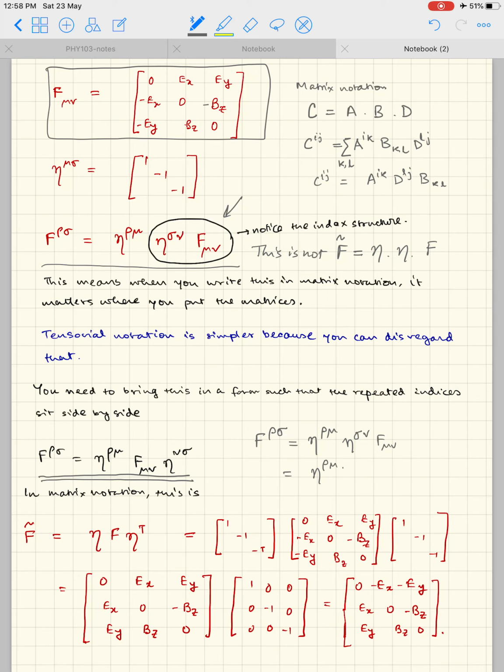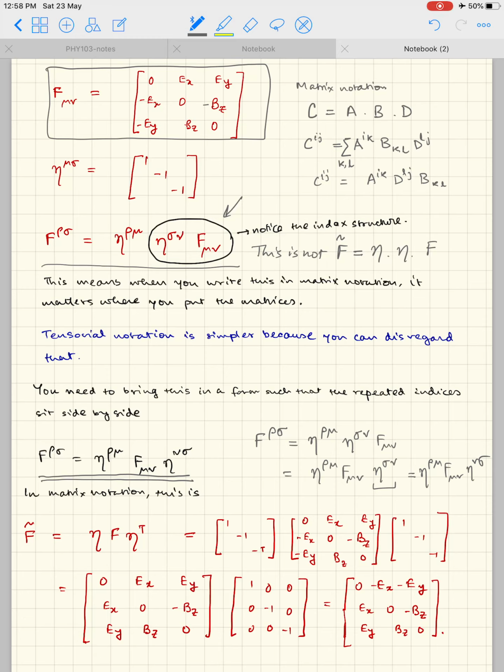So this would mean that F mu nu is here. Now you also have eta sigma nu. Now you have to change this. In our case it's a symmetric thing, it doesn't matter, so you can flip things around: F mu nu into eta nu sigma. But in a sense, this is just a transpose of the matrix eta.